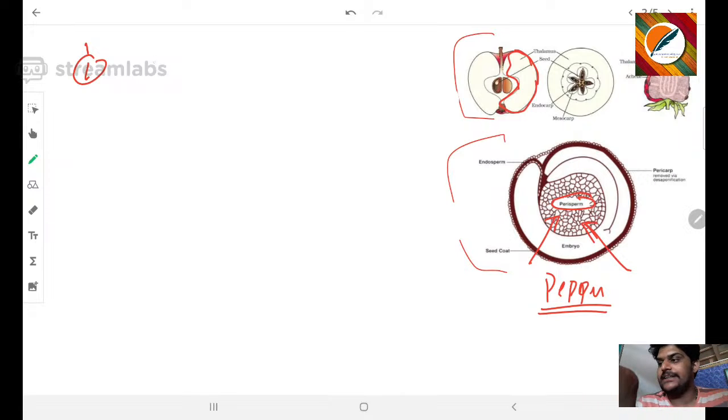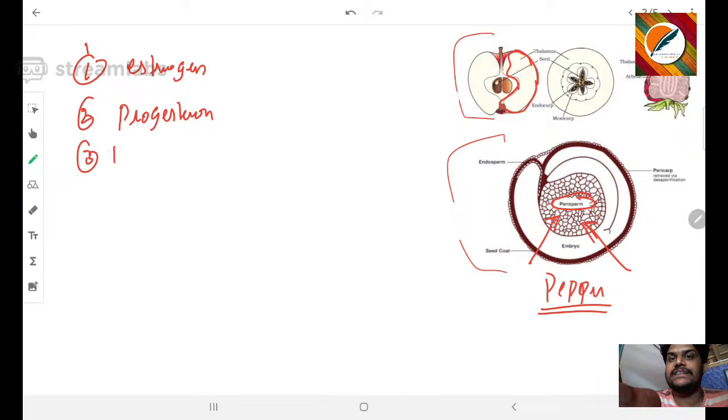The first one is estrogen. The second one is progesterone. The third one is relaxin. I'll write the other two later. These are 3 hormones directly involved in almost the same processes. Estrogen controls the menstrual cycle, and progesterone maintains or controls the early stages of pregnancy.